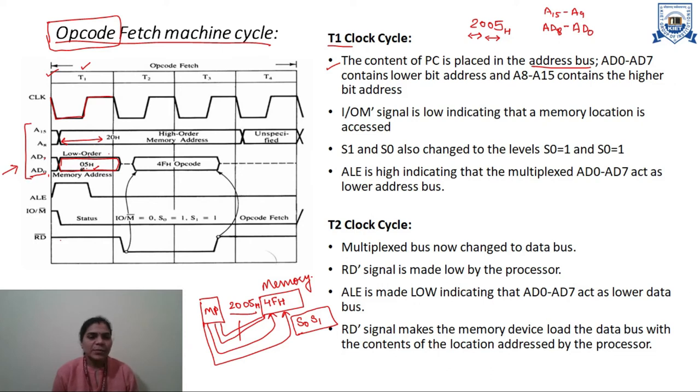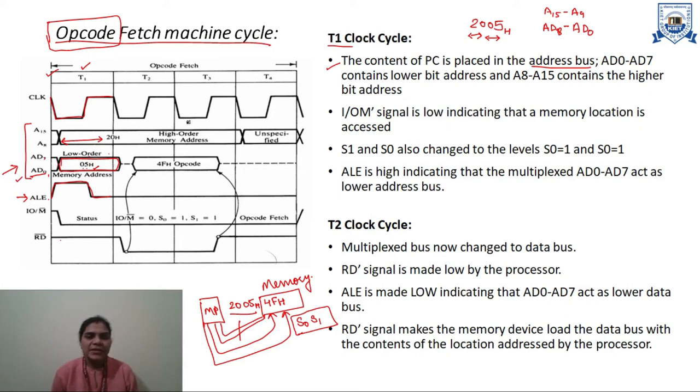When these buses are carrying address and when they are carrying data is distinguished by a signal called the ALE signal. So the microprocessor will make this signal high. It means that the multiplexed buses are carrying address. So the microprocessor will place the address of the location on the address buses. It will make ALE active to denote that the multiplexed buses are carrying address.